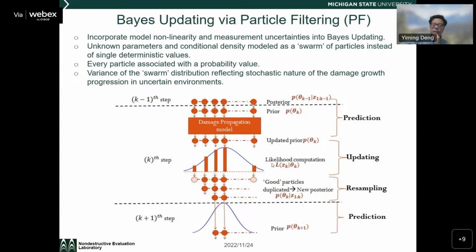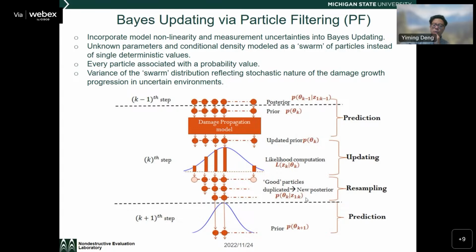And using particles here, you are going to keep the particles with higher probability, while discarding the particles with lower probability, and make a duplication, to try to estimate the new posterior probability of theta given z.